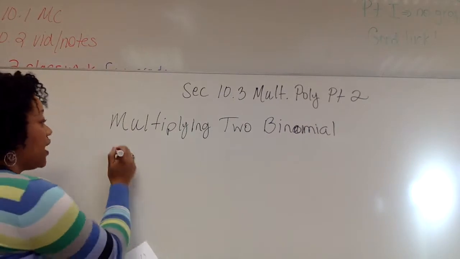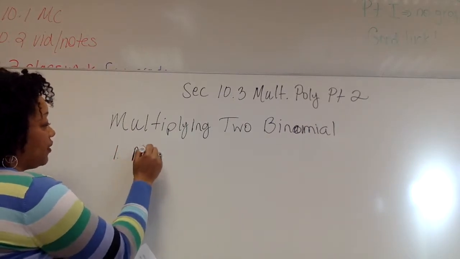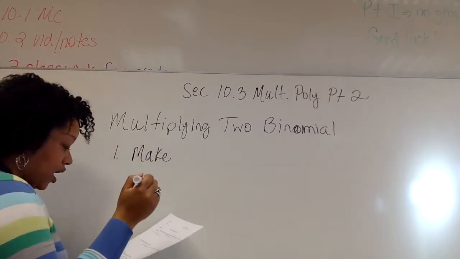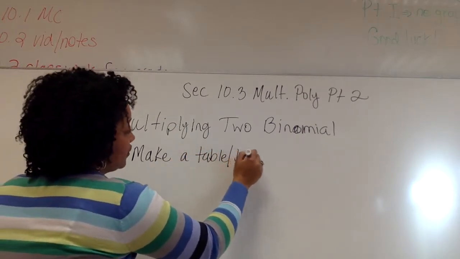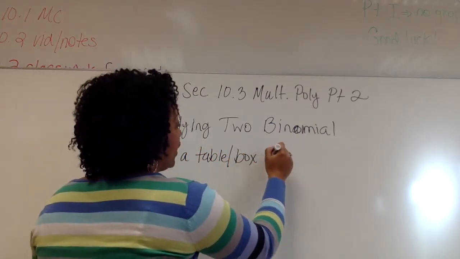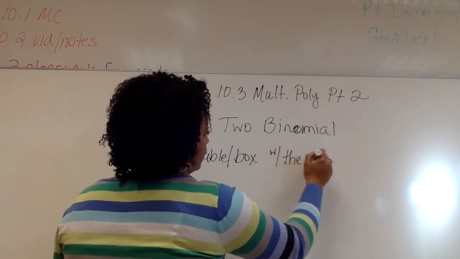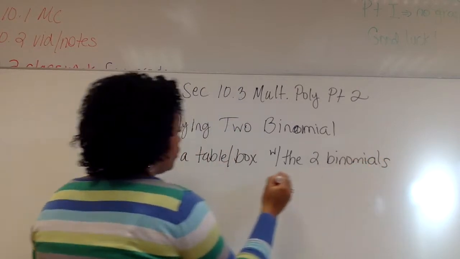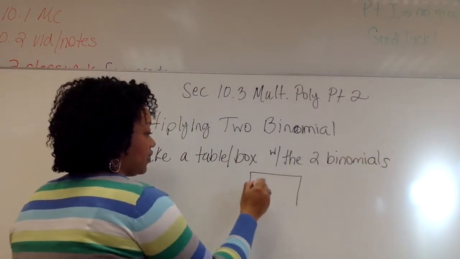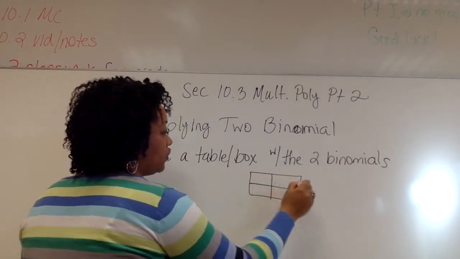So the first thing you have to do is make a table, or if you want, we'll call it a box, with the two binomials. All right, so that's the first thing you have to do, and your table's going to look kind of like this. It's going to be like a two by two.